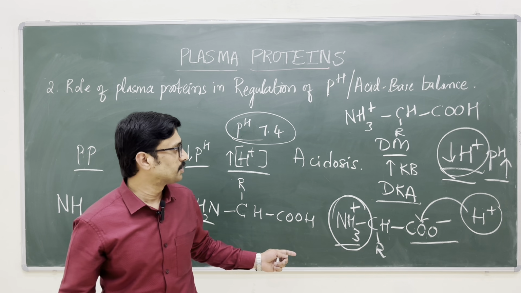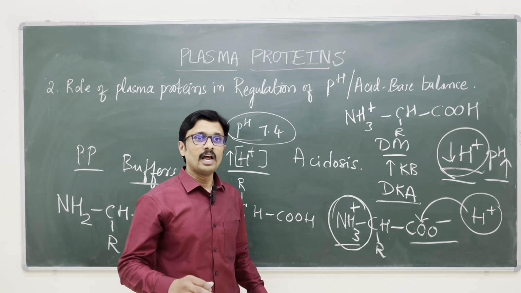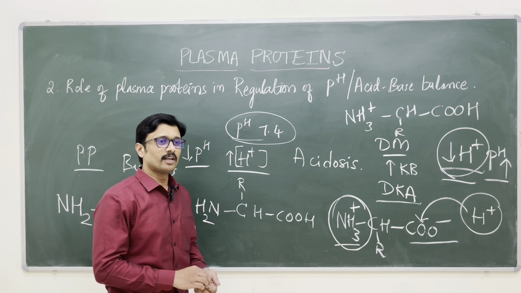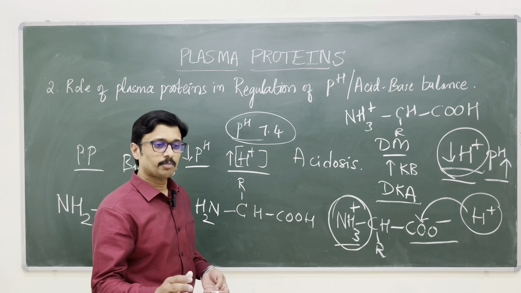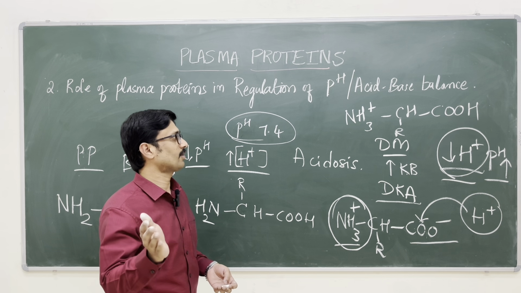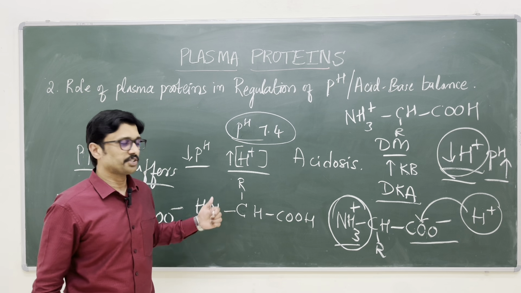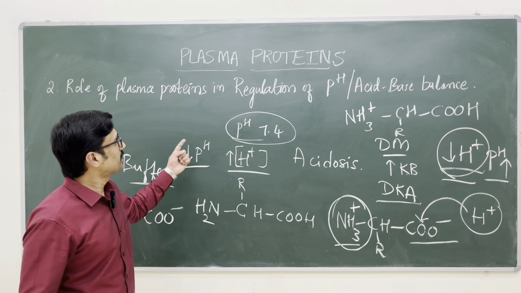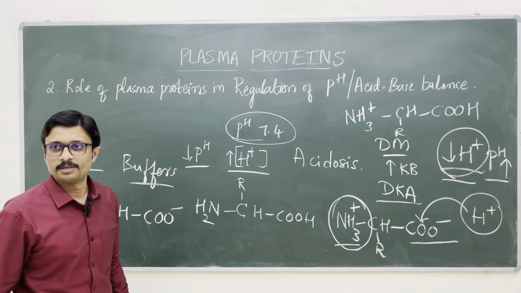So this happens during alkaline situations where pH is increased or hydrogen ions in the plasma are decreased. These proteins will give the hydrogen ions from the protein to the plasma, thereby increasing the hydrogen ion concentration, thereby bringing the pH to normal. So by the buffering action of the amino acids or the proteins, they act in regulation of acid-base balance or the pH of the plasma.